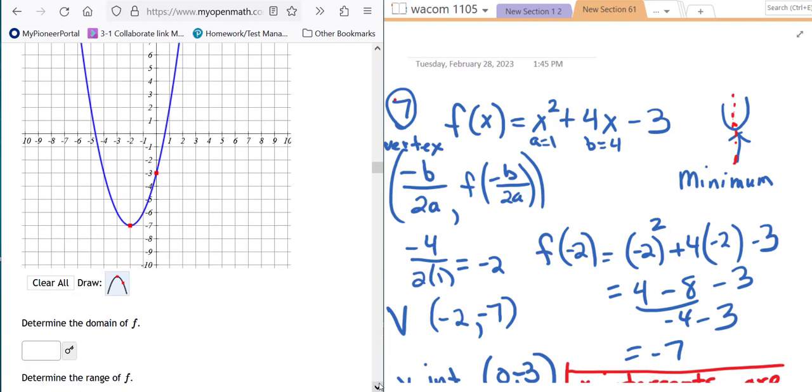Right, domain and range you can take easily from your graph. Remember, domain of a parabola is -infinity to infinity if it's a function, so it opens up or down. So this will be -infinity to infinity. Range. Looking here, so you're going to your vertex.